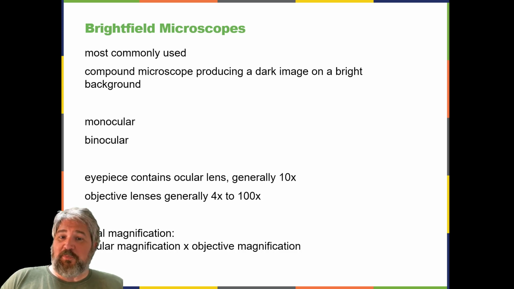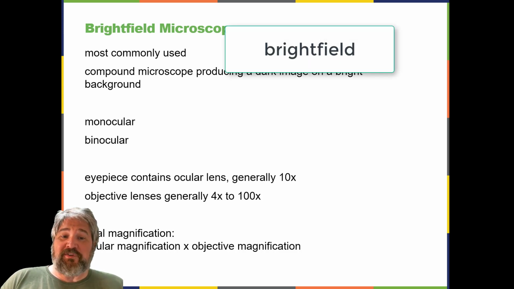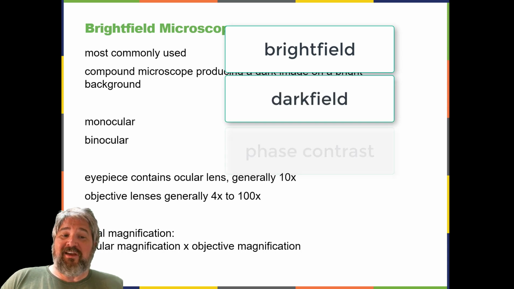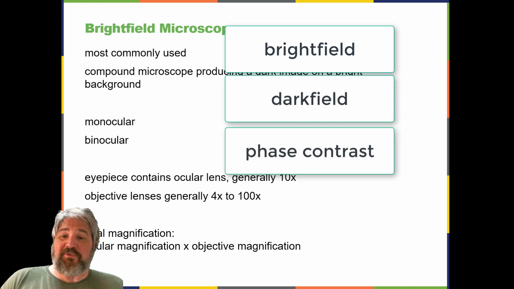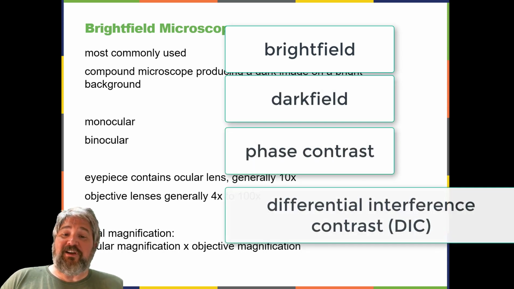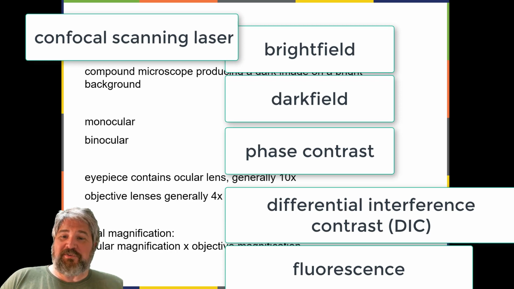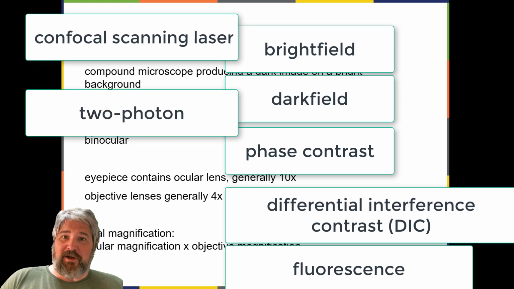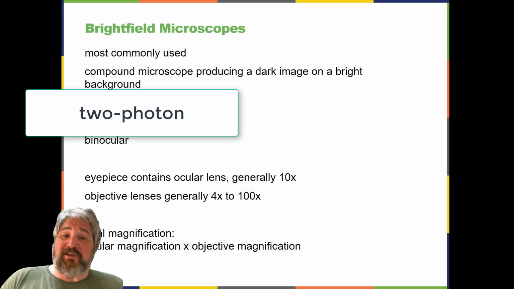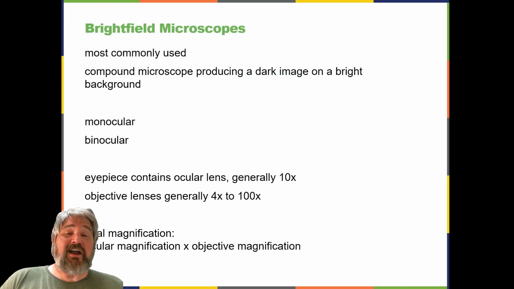Examples of light microscopes include Brightfield microscopes, Darkfield microscopes, phase contrast microscopes, differential interference contrast microscopes, fluorescence microscopes, confocal scanning laser microscopes, and two-photon microscopes. These various types of light microscopes can be used to complement each other in diagnostics and research. So first up, we have the Brightfield microscopes.